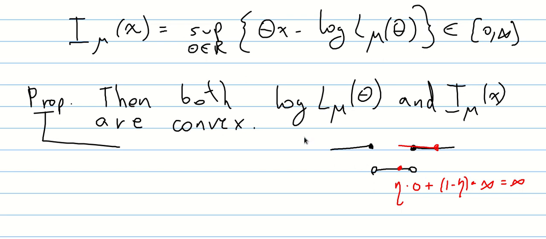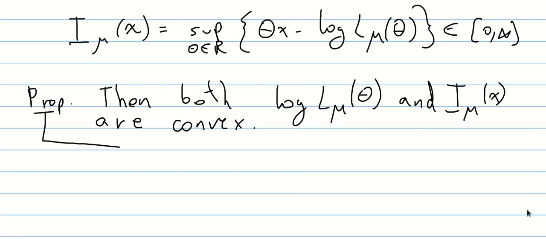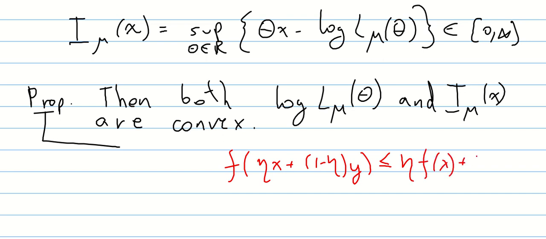I'm not going to enter in detail of what a convex function like this is, but the definition is the same. We would like to have f of eta x plus 1 minus eta y to be smaller or equal than eta f of x plus 1 minus eta f of y.